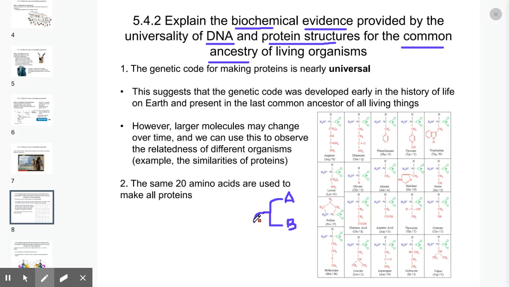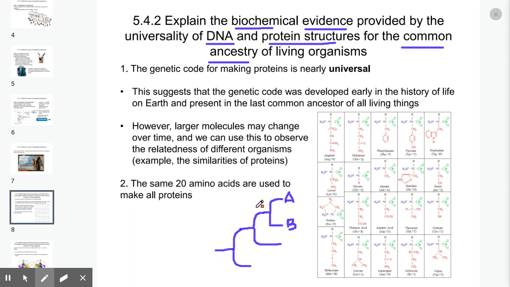And we can continue to go back in time and identify common ancestors, further back in time, to find an even more distant link.